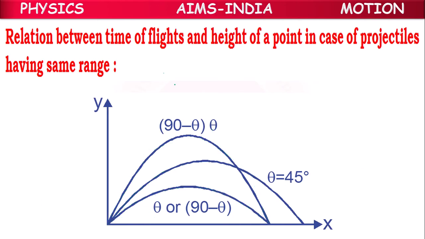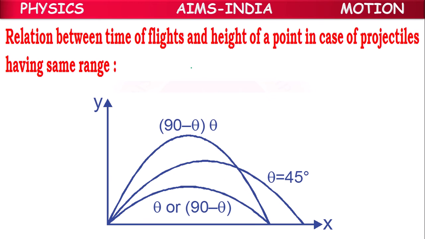Here, children, for theta and 90 minus theta, either theta or 90 minus theta, for these two, the range will be the same.